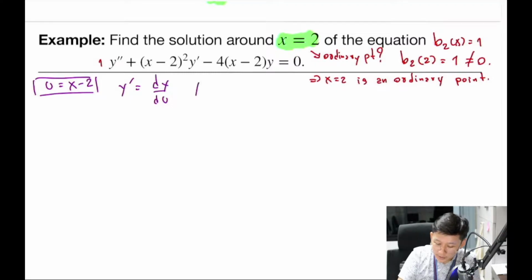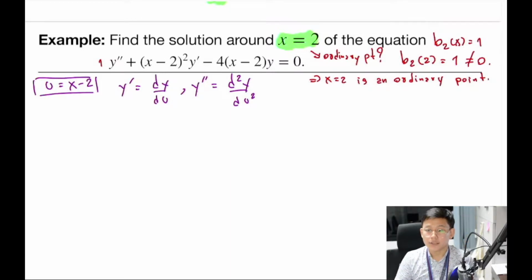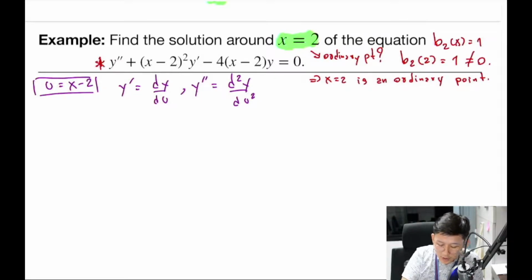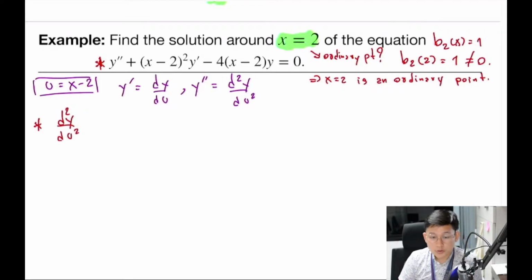Similarly, y double prime would be the second derivative with respect to u. So we can rewrite this star equation to, y double prime would be d squared y by du squared.